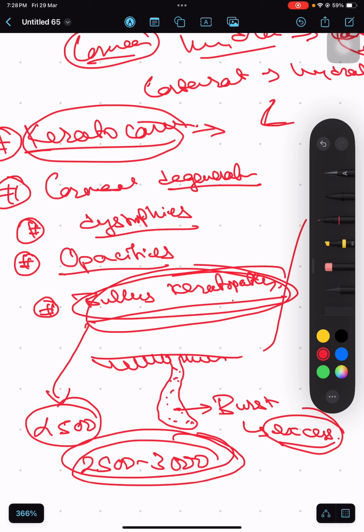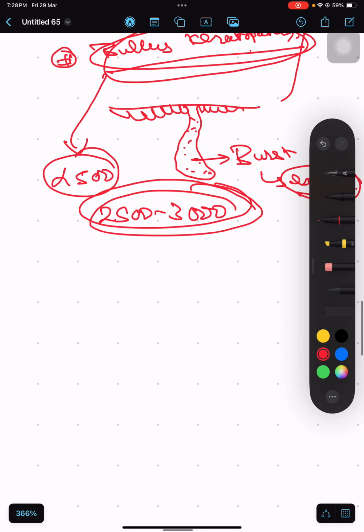This differs in the case of children and adults. It's very important for us to know that at least around 2500 endothelial cells are required for a perfect transplant.